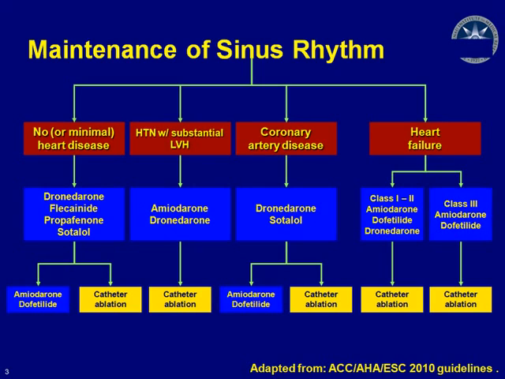Now, the addition to this guideline has been dronedarone, which is indicated for patients with minimal heart disease, substantial LVH, coronary disease, and in the United States, the trial is not for patients who have heart failure, but in the European community, dronedarone is indicated for class 1 and 2 heart failure, but not class 3 or 4.